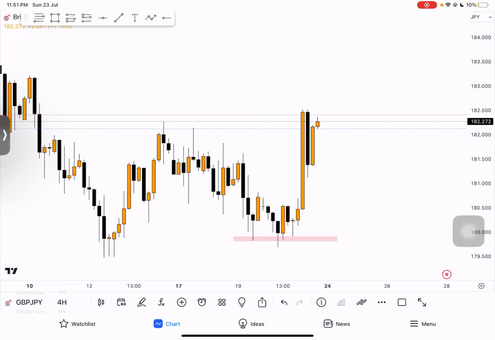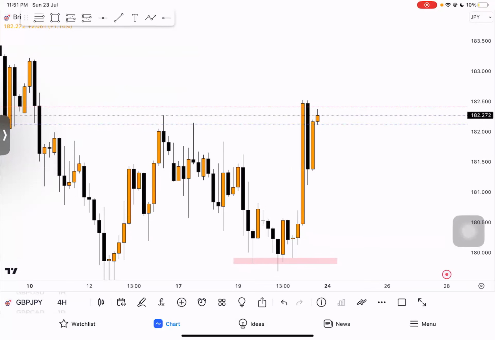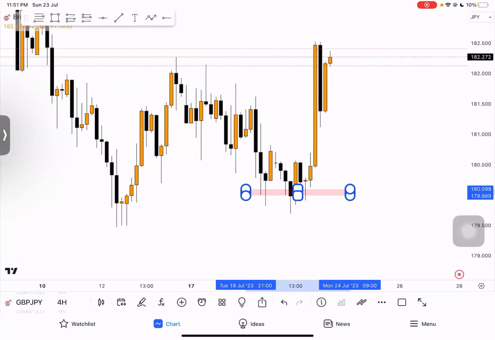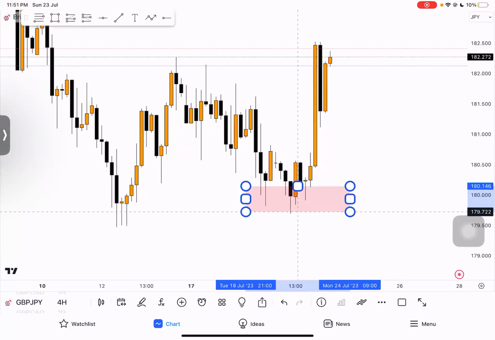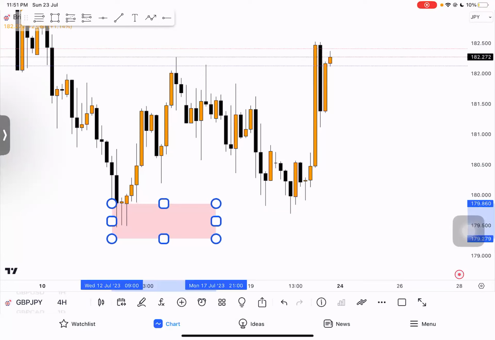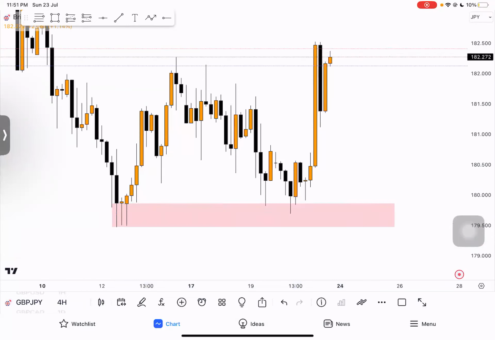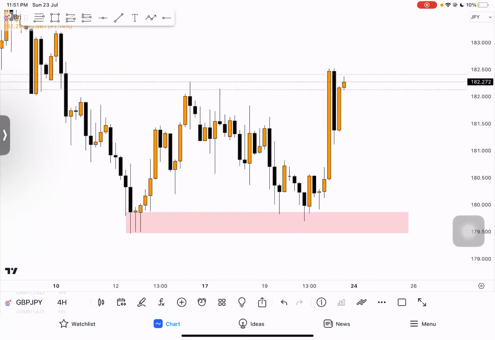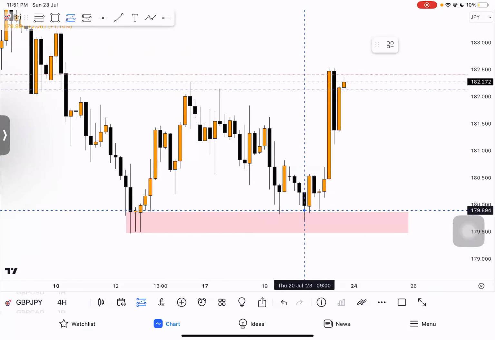Just an example, we are not entering. We are buying; you got the support here and you enter when you touch it.